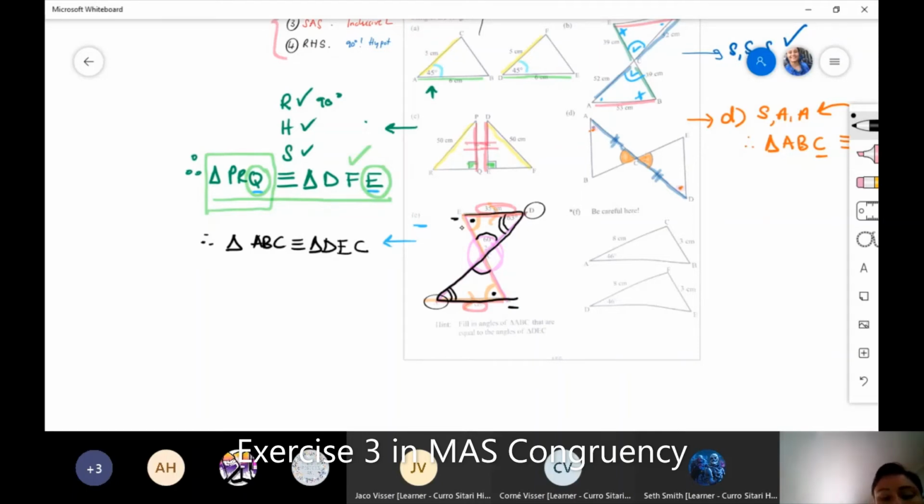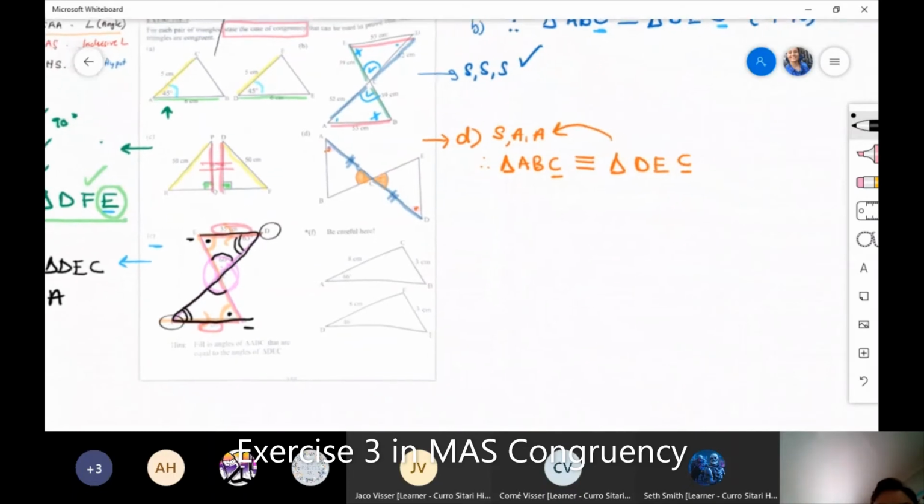Okay, what is my reason? My reason is angle, side, angle or side, angle, angle. I've got one side and I've got two angles in common. Great.